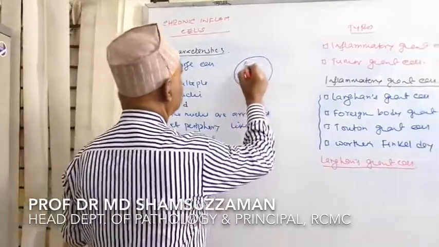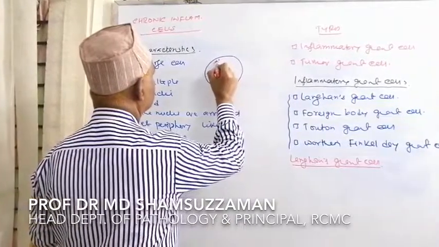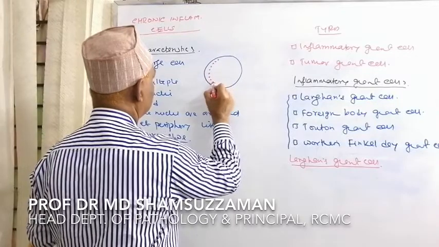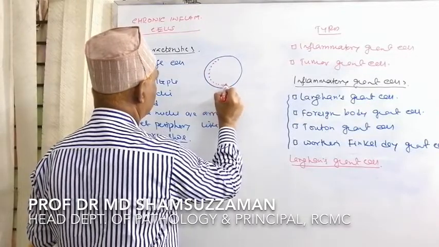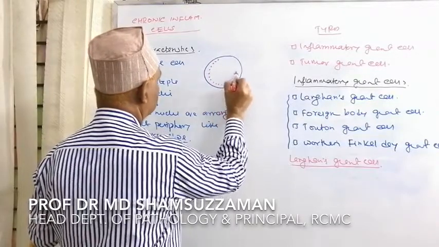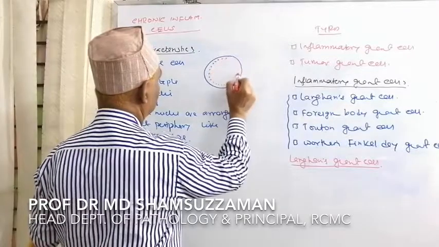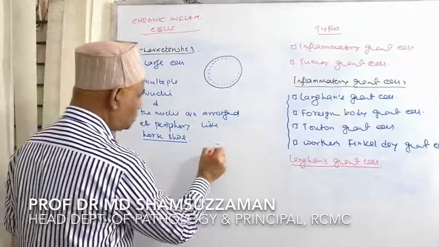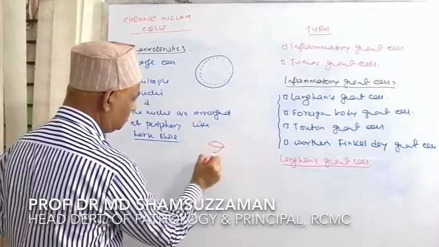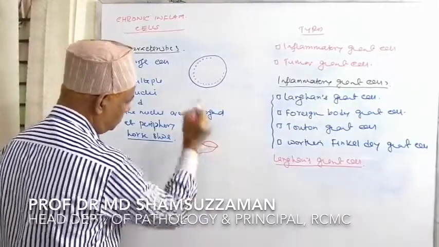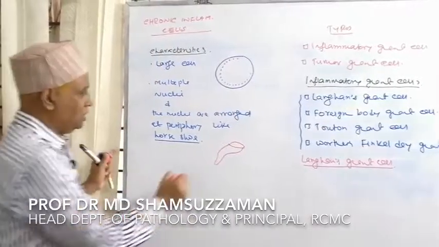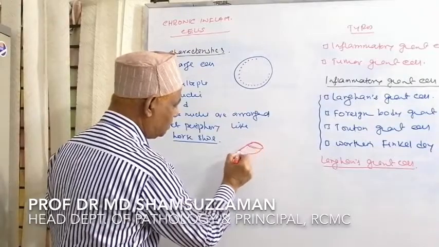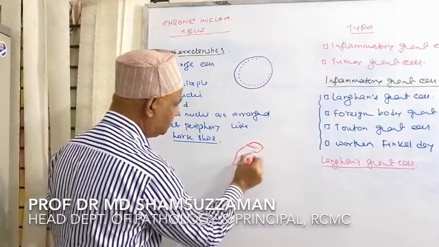Suppose the red are the nuclei, multiple nuclei, they are arranged at the periphery of the cell as horseshoe. You know, this is the horseshoe. One end that is open and all along it is confined.